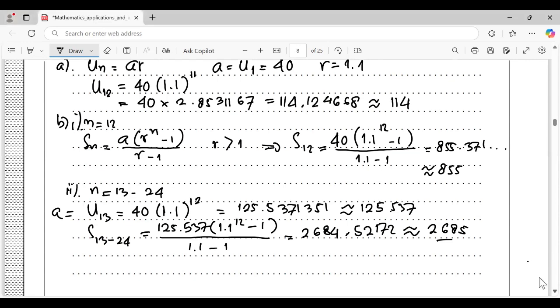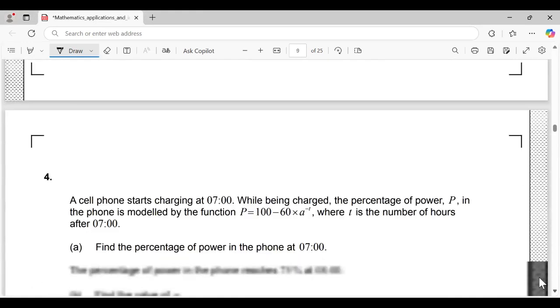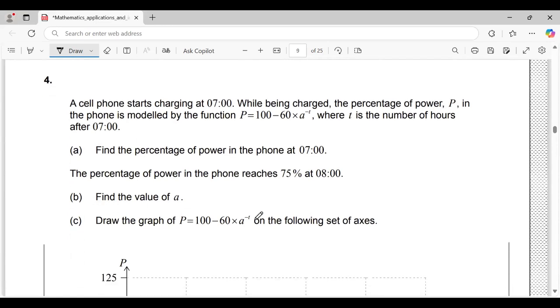And now let's continue to number 4. A cell phone starts charging at 7 while being charged. The percentage of power P in the phone is modeled by the function, where t is the number of hours at 7 o'clock.